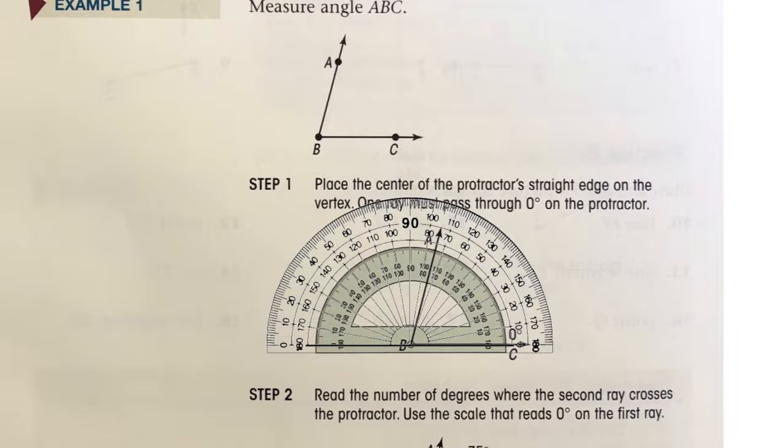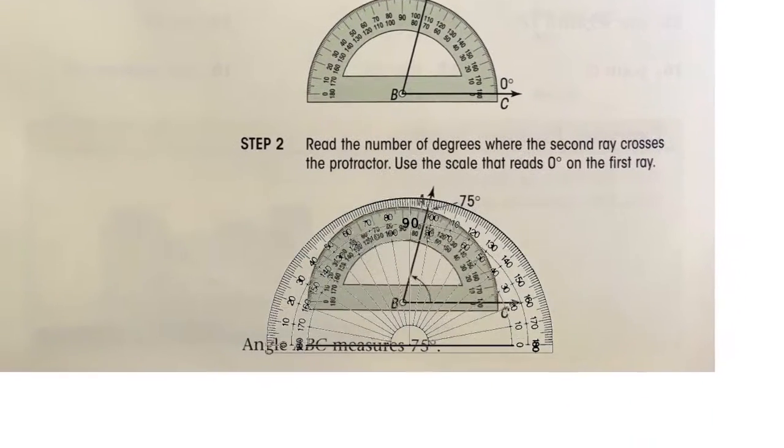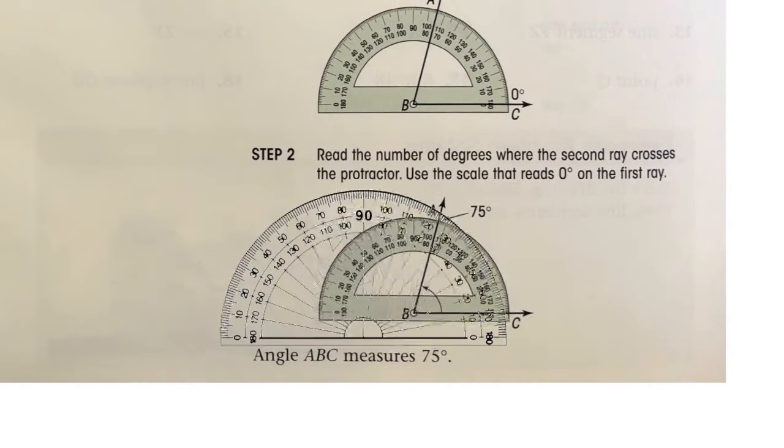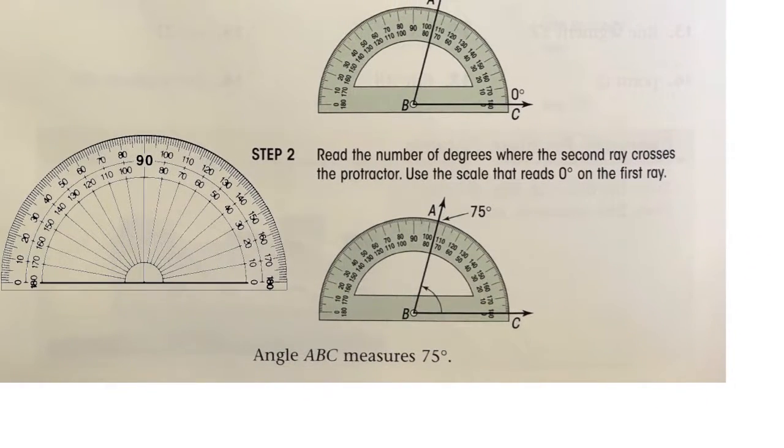Read the number of degrees where the second ray crosses the protractor. Use this scale that reads 0 degrees on the first ray. Angle ABC measures 75 degrees because it's right in between the 70 and the 80.